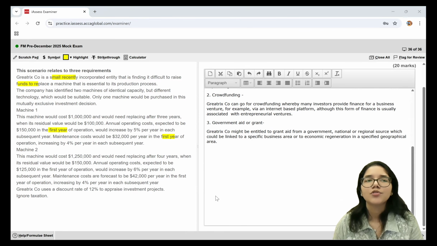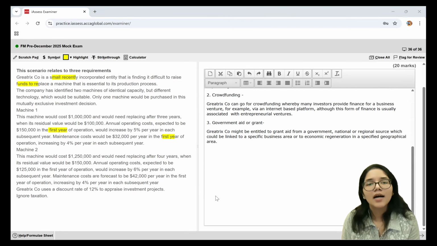So if the government wants those areas to grow, then it does offer some subsidies, some grants, some aids to those businesses who set up their work in that particular remote area which the government wants to develop. So these are a few solutions which are possible for the Greatrix company.